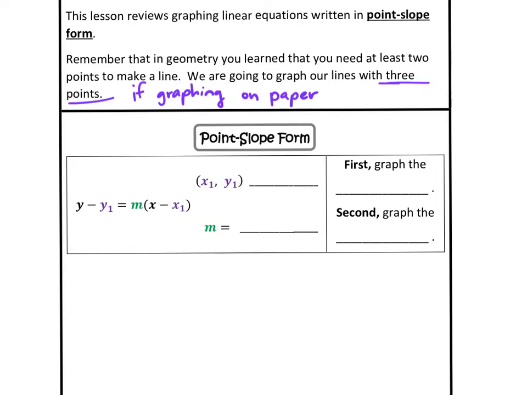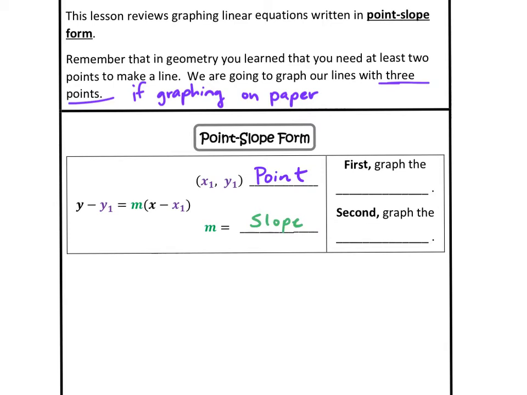I try to color code here, where x1 and y1 are the coordinates for the point that's given in the equation, and m, if you remember, is the slope. So this is the point, and m is the slope.